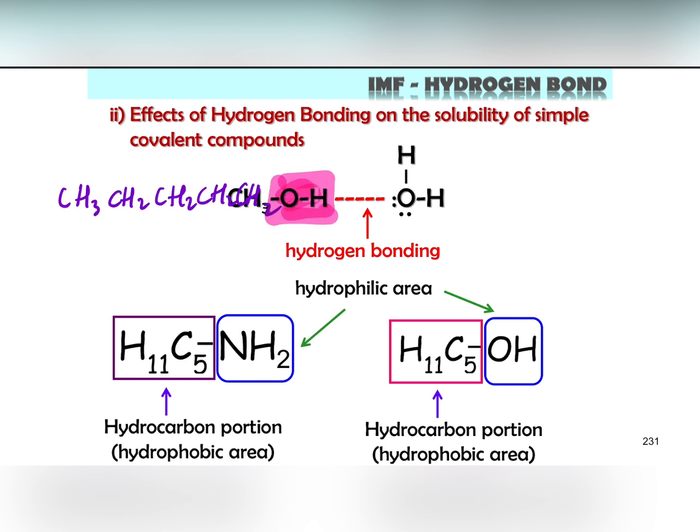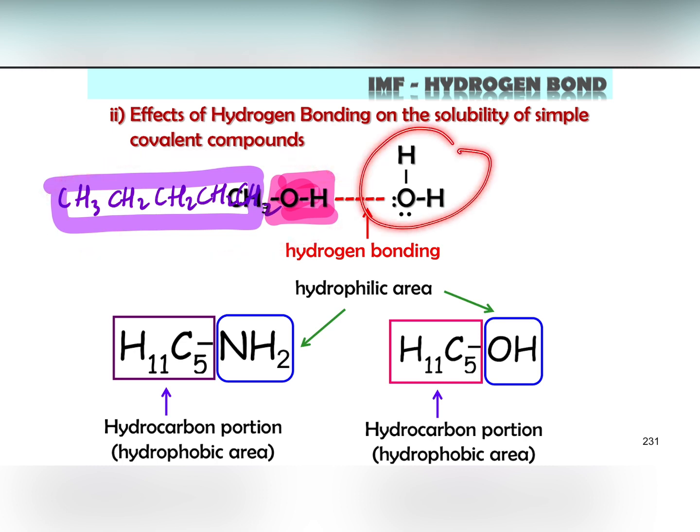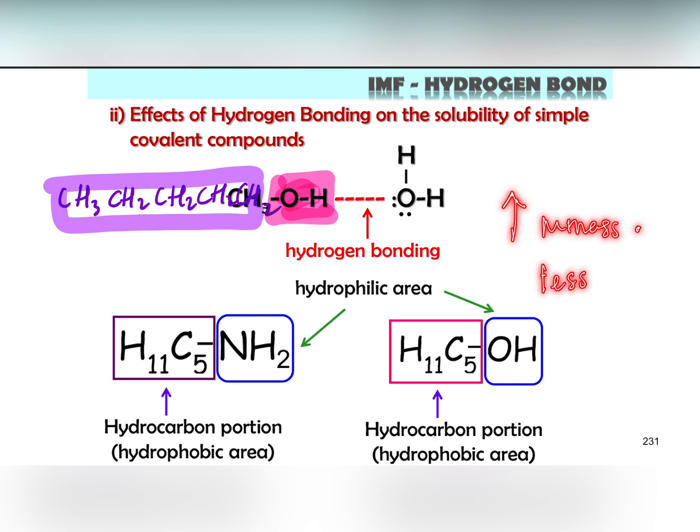Okay, so bila bahagian hydrophobic besar, dia akan ganggu solubility of your compound itu dalam air. So the greater dia punya molecular mass, it will make the compound less soluble in water. Oh, sama jugalah untuk amine.